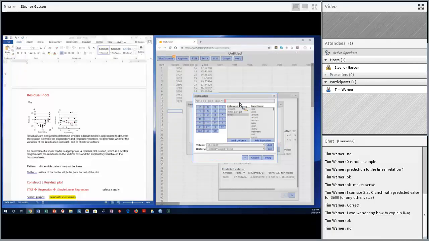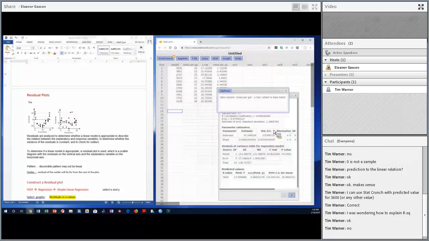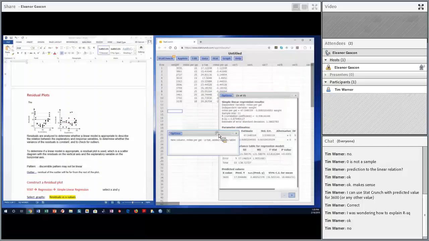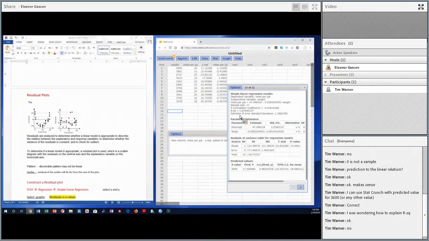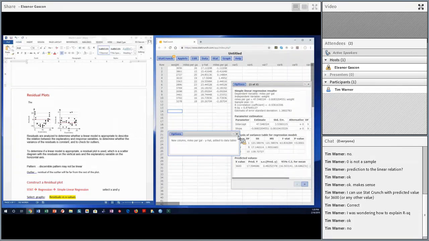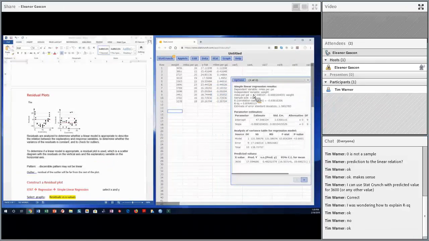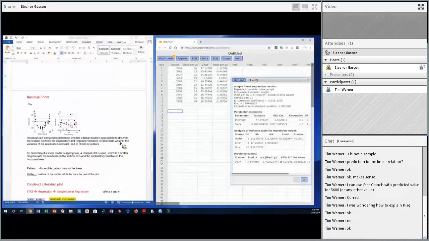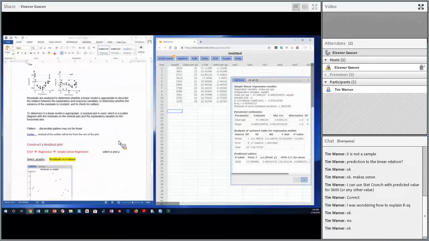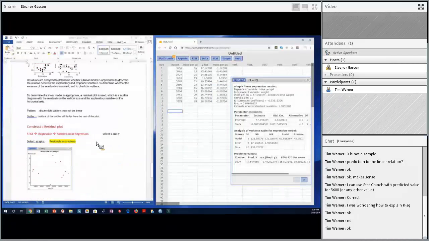Oh, I forgot to add it. Okay, there we go. Those are the residuals that are getting plotted. You can plot those automatically, so you don't need to go through all that process. But if they ask for the residuals as a list, that's them.